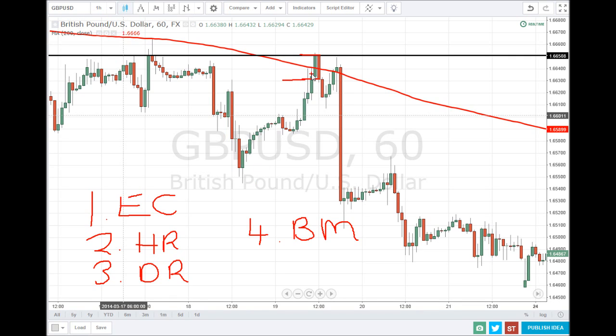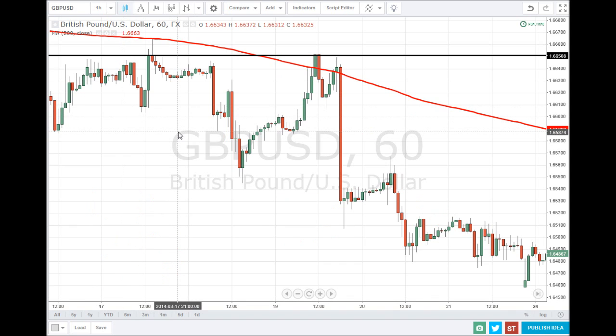If we went short on this engulfing candle, price fell heavily on the downside, especially after this big move here, and we would have made a large profit. You'll also notice that price only moved against us very slightly.